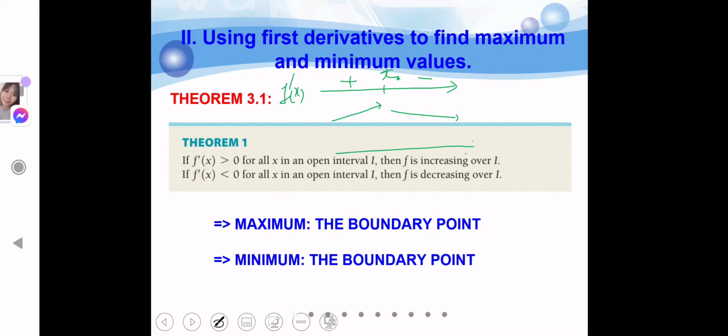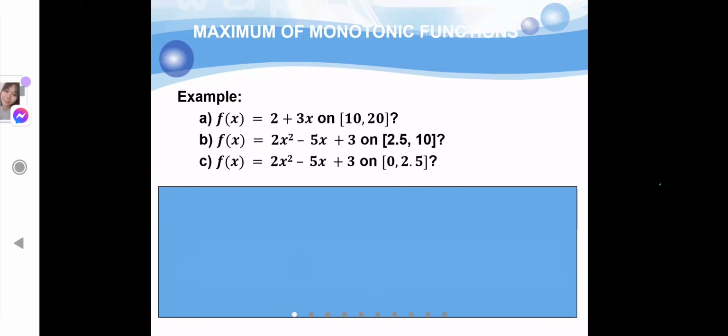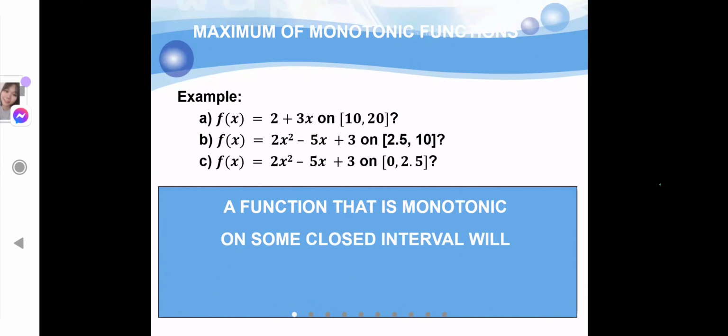And the second is zero and minus or plus in here, f prime. Okay, so we can find.